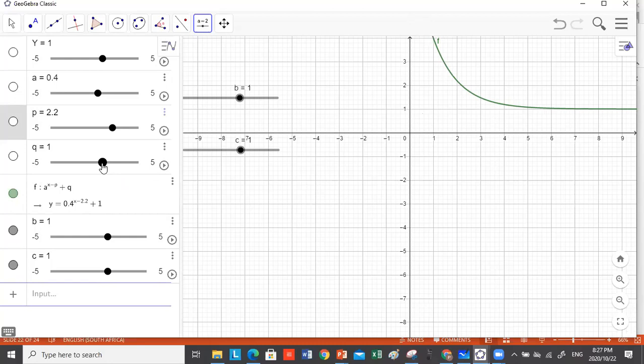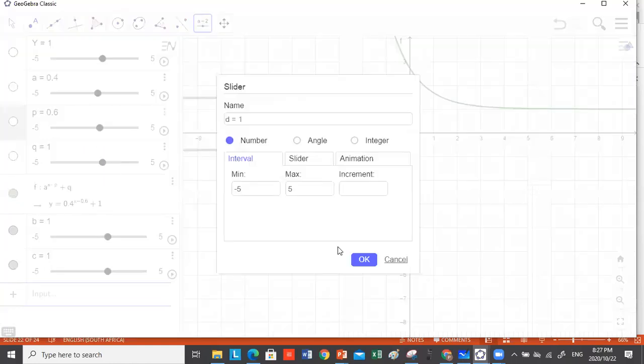And also, let us make P negative. If P is coming more and more negative, our function goes like that, like that, like that. It is becoming flat and flat if our P is decreasing.